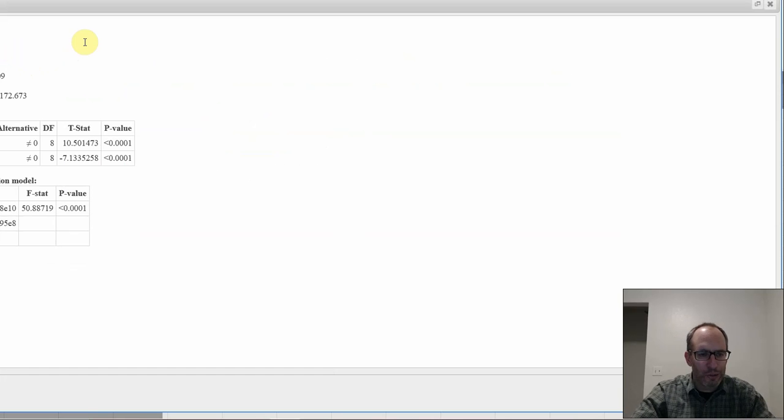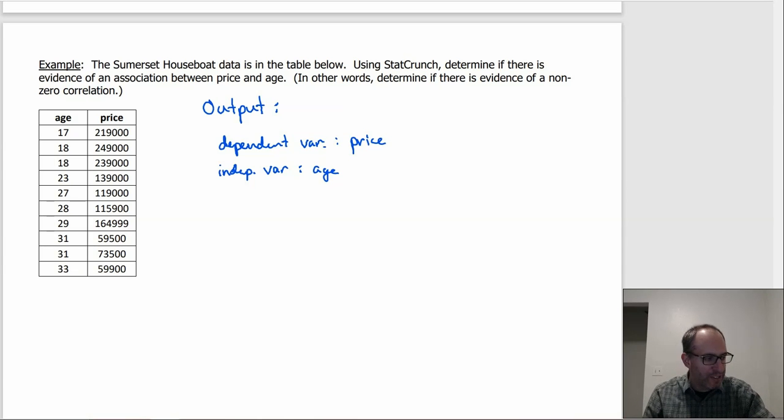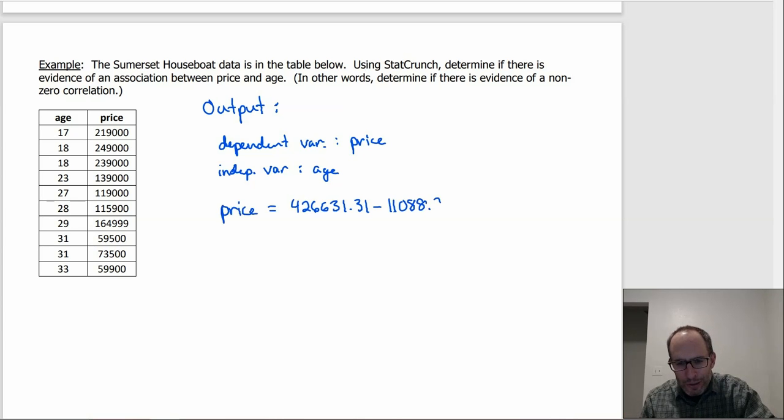The next thing, which we don't need right this second, is underneath that, where it says price equals 426,631.31 minus 11,088.291 times age. That's the equation of the best fit line, and we will need that shortly. That's actually for the next section, but it's worth pointing out in advance that we need that later.